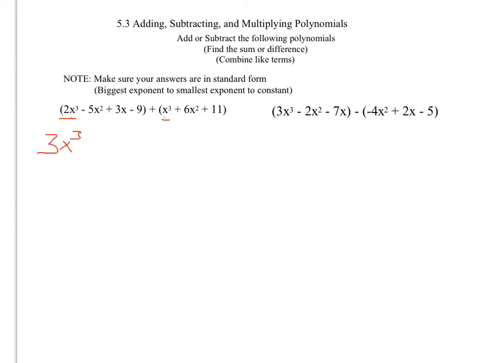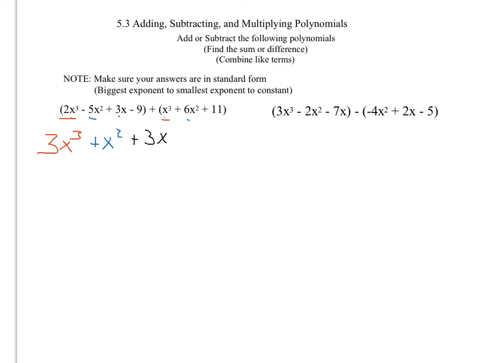And then I go down to the x squared term. I have a negative 5x squared plus 6x squared. So negative 5 plus 6 would be a plus 1x squared. And then I go down to the next one, the x term. I have a 3x plus, and this has no x term in it, so I just keep it as plus 3x.